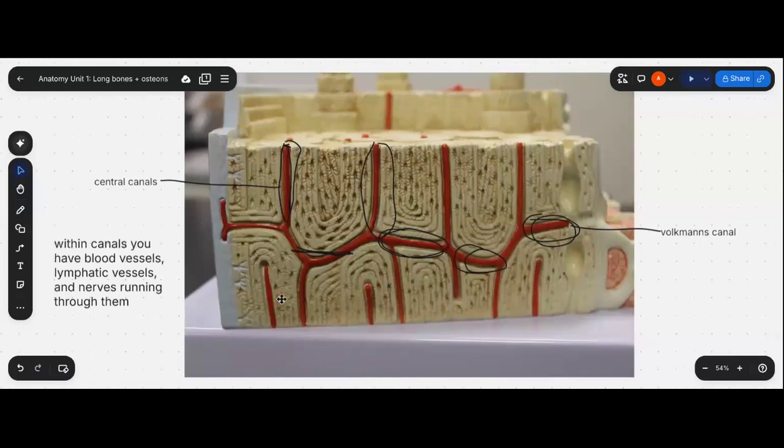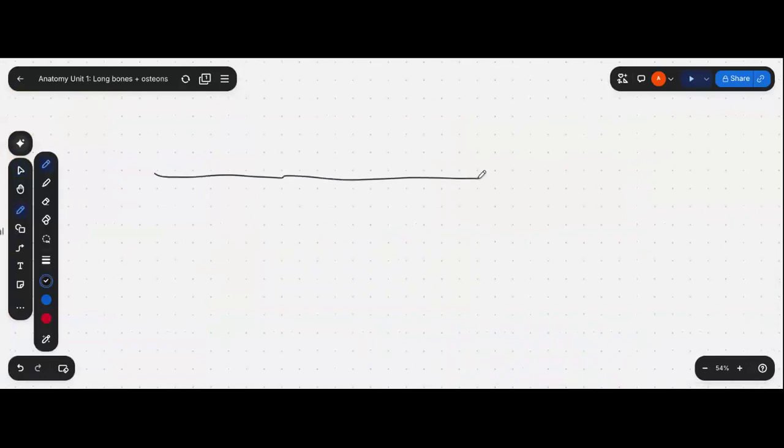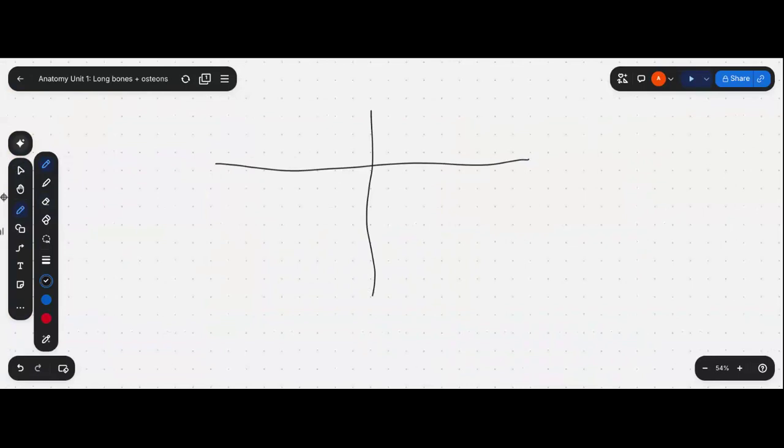Now, the very last thing that I want to go over is the difference between interstitial growth and appositional growth. Ooh, that was kind of a rough line. Let me redo that. There we go. That's a tiny bit better. Not very much, but a little straighter.